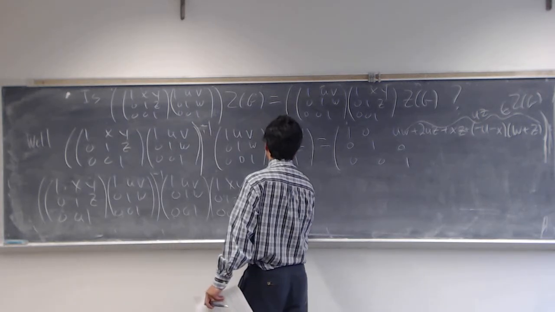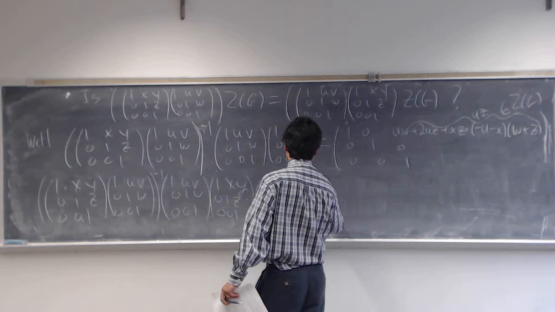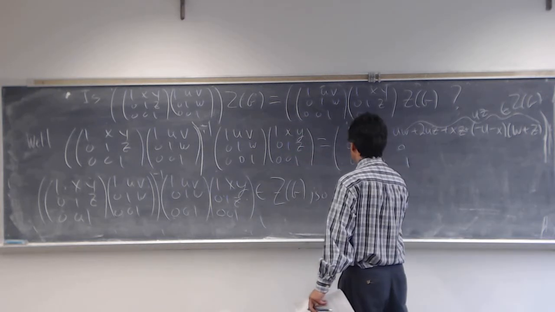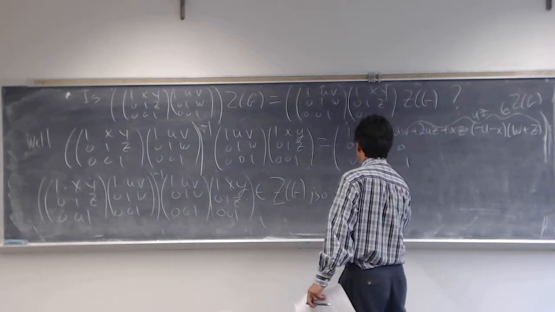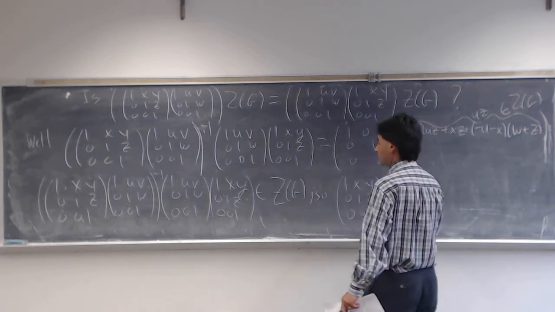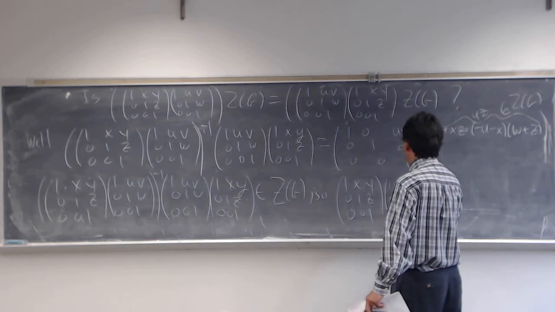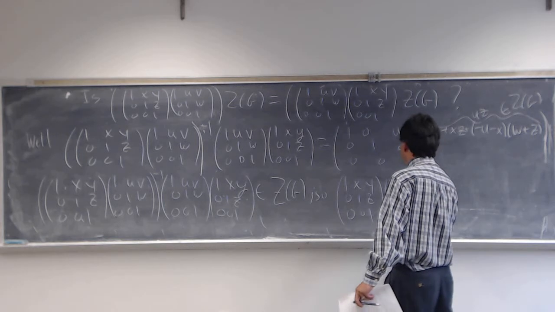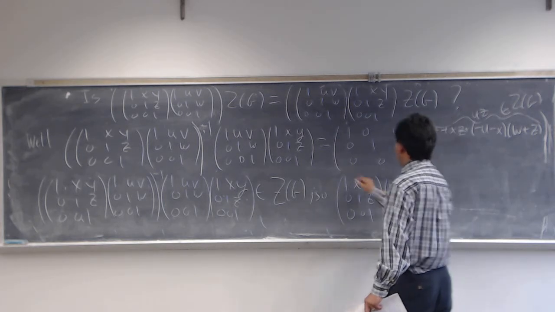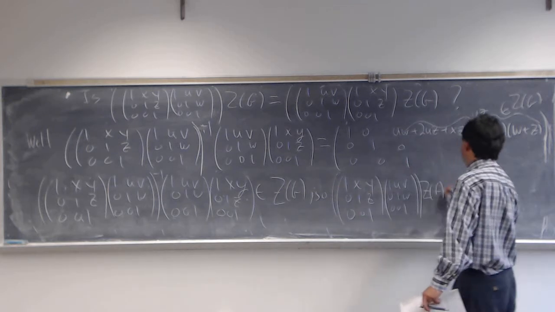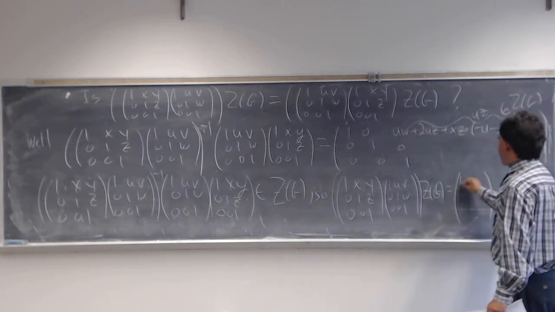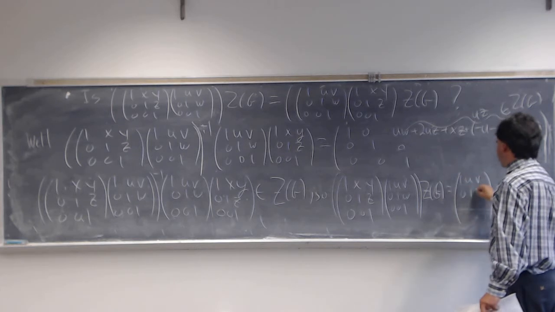This is in the center of G. So that tells us this coset has to equal the one I get when I multiply in the reverse order.